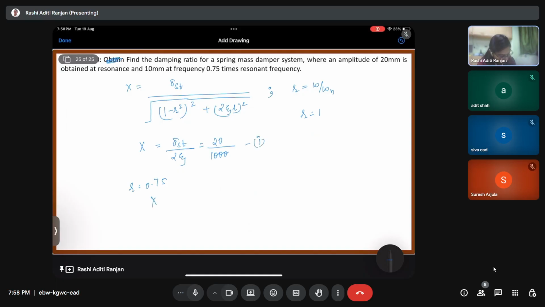So we have x is equals to delta st divided by under root of 1 minus 0.75 square whole square plus 2 eta 0.75 whole square.